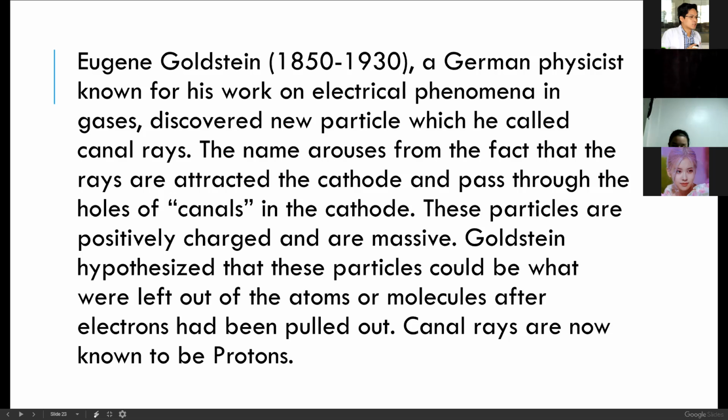Because remember that your cathode ray is negatively charged, and the positively charged is attracted to the negative. Therefore, it will pass through the small holes, and they name it canals. Goldstein hypothesized that these particles could be what were left out of the atom or molecules after electrons have been pulled out. Canal rays are now known as protons.